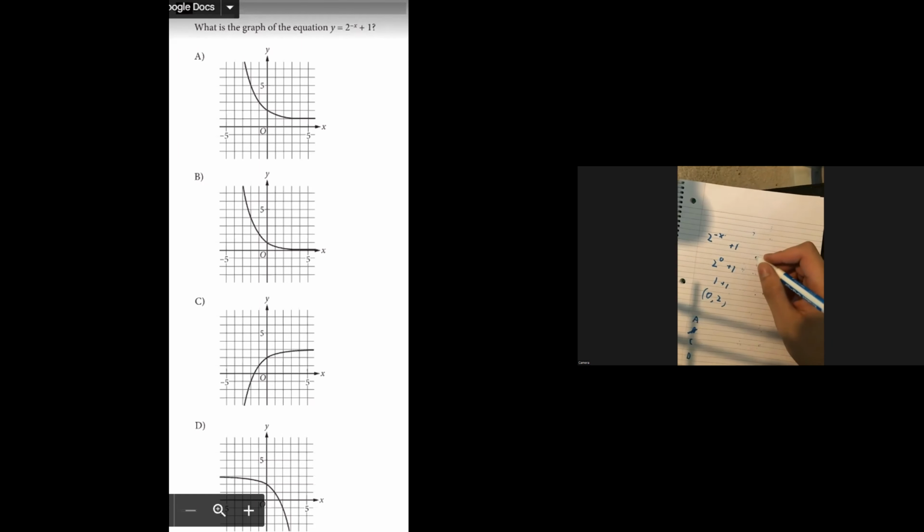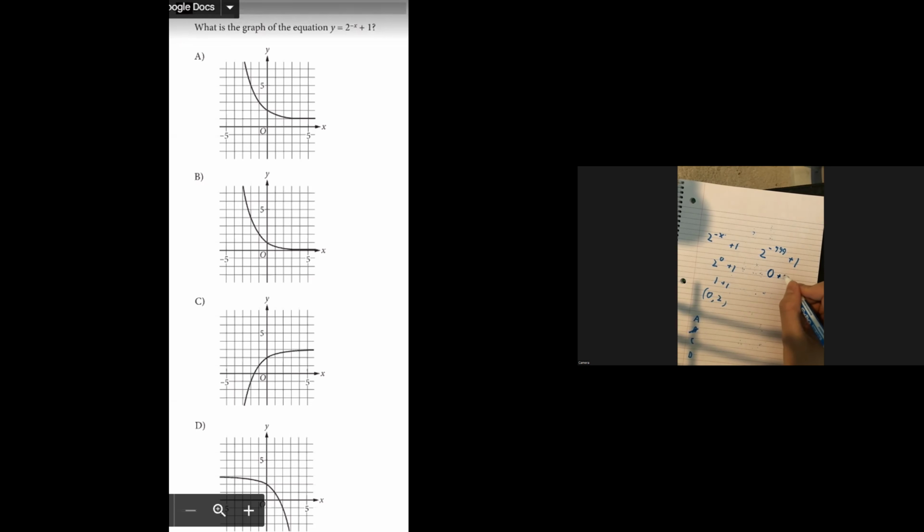And so the next thing we would want to do is figure out, okay, what happens when x approaches infinity or negative infinity or such? So if we plug in a really big value for x, so let's say 2 to the power of negative 999, plus 1. Well, anything to the power of a really big negative number is almost 0. It's not 0, but it's very close to it.